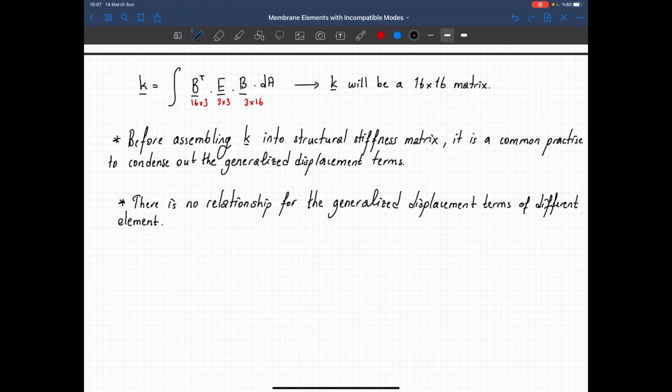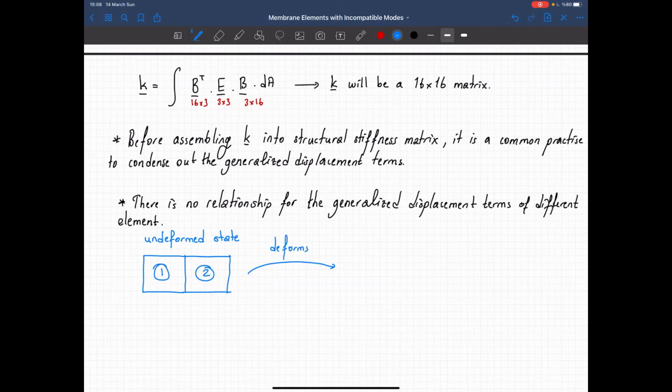So let's again work on this two-element example. And let's say that this is the undeformed state. And we see some deformation.